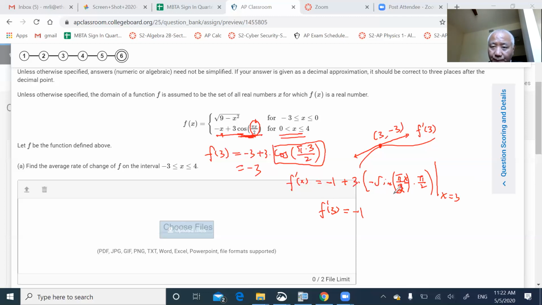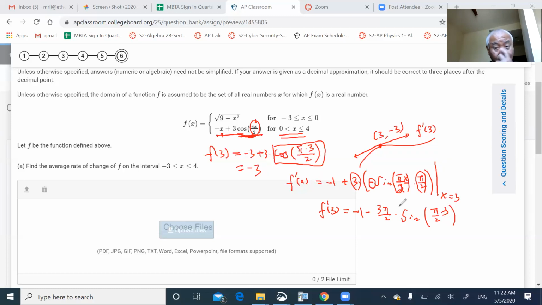And then this part, and the negative here. So you have a negative 3 pi over 2 outside, and sine of 3 pi over 2.